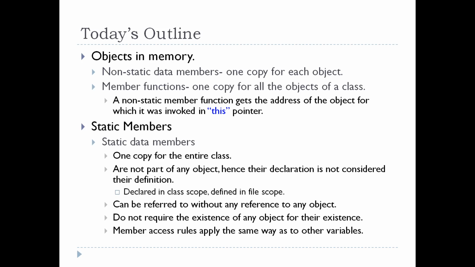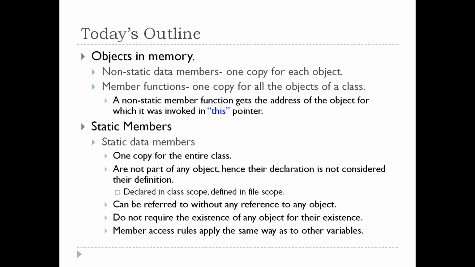Now it makes sense that if we have 10 objects, all those 10 objects can have different attributes, so those attributes should be stored separately. That is, all the data members or attributes of an object should have a separate copy for that object.